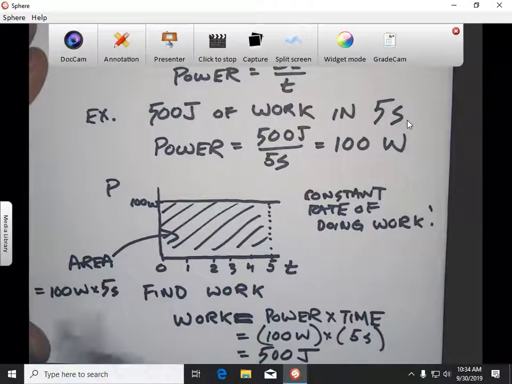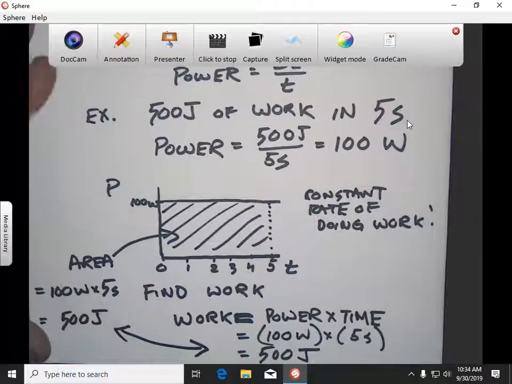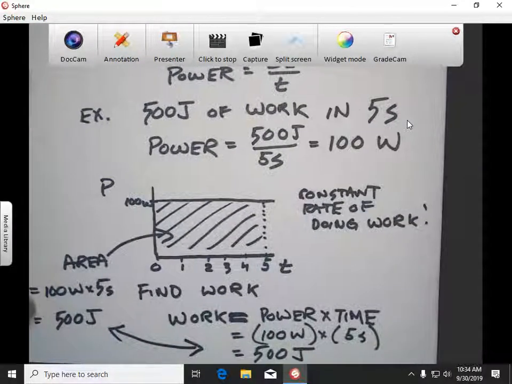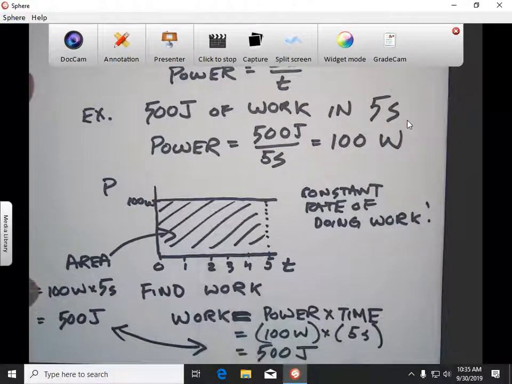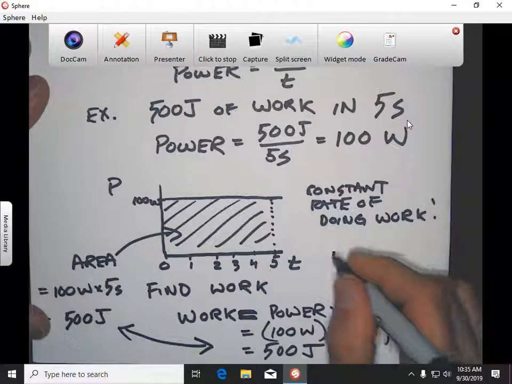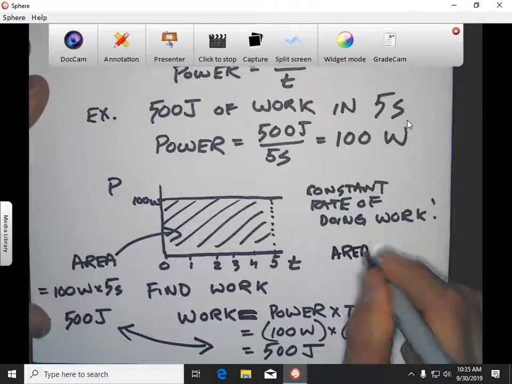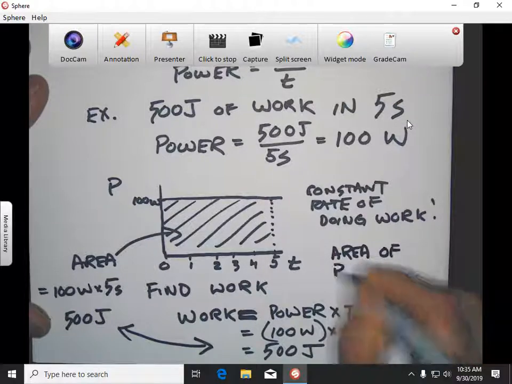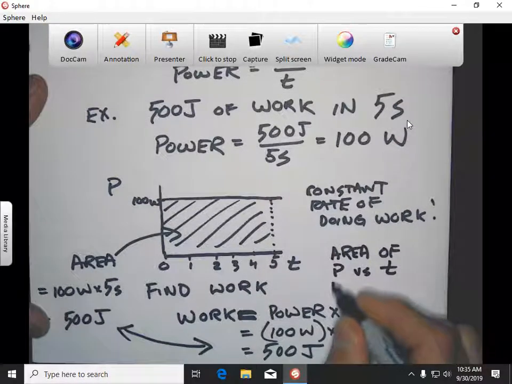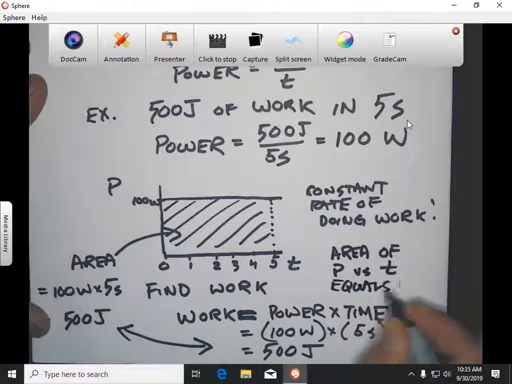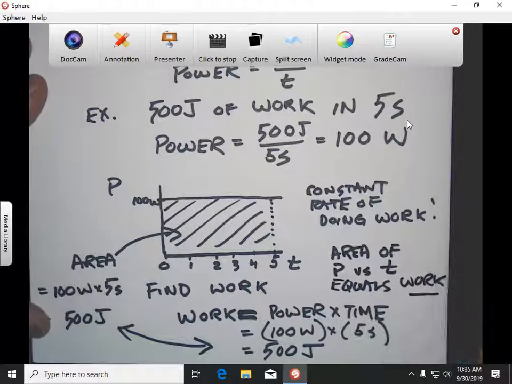And of course, that's giving us the same answer of 100 times 5, or 500 joules. I wanted to show you this example because if you have a graph of power versus time, the area of P versus T equals the work. And that's an important thing for you to know when you solve power problems.